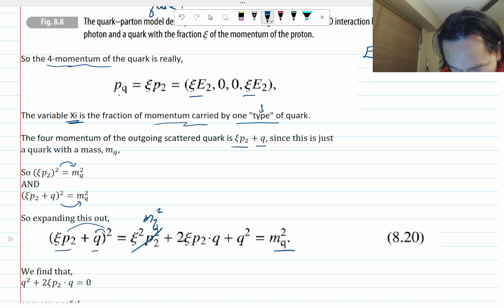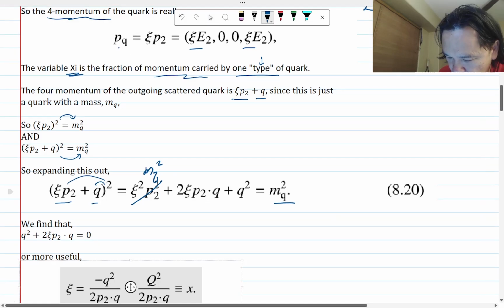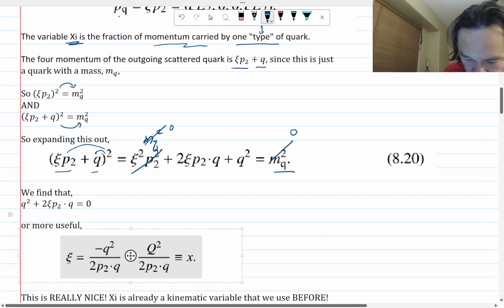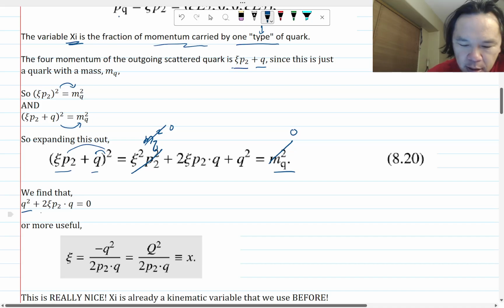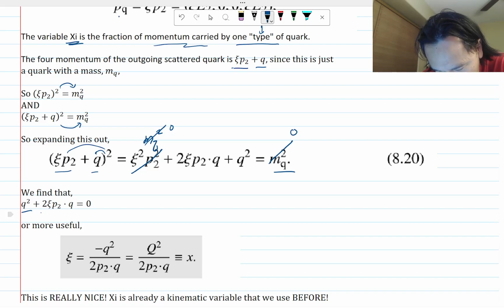That's going to be equal to, well, the cross term gives you 2 times xcP2 dot q, and then you have the q squared back here also. Since this is the mass of the quark and this is the mass of the quark, they subtract each other. Therefore, we find that q squared plus 2xcP2 dot q is equal to 0.